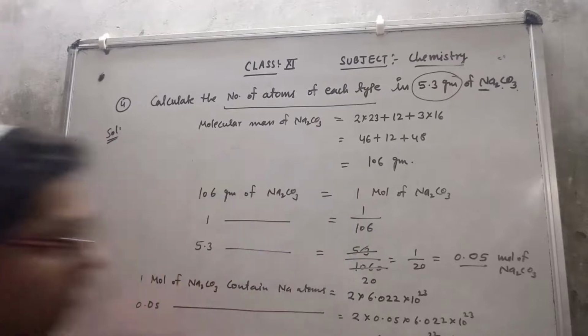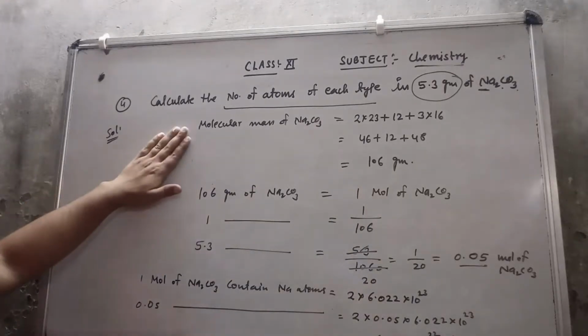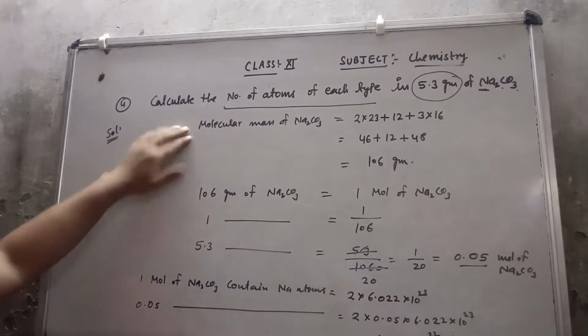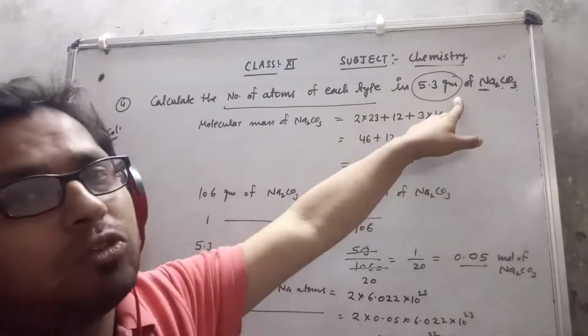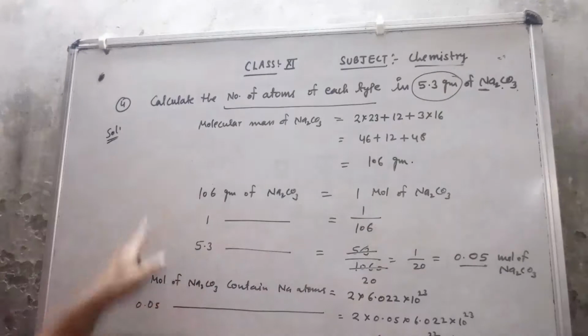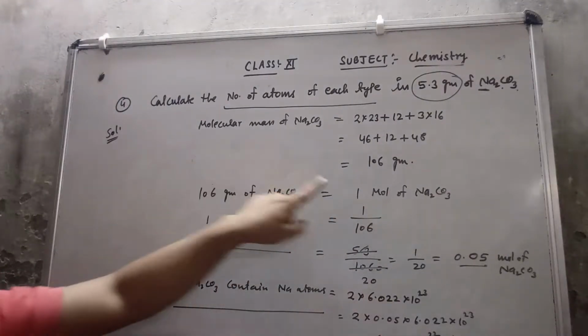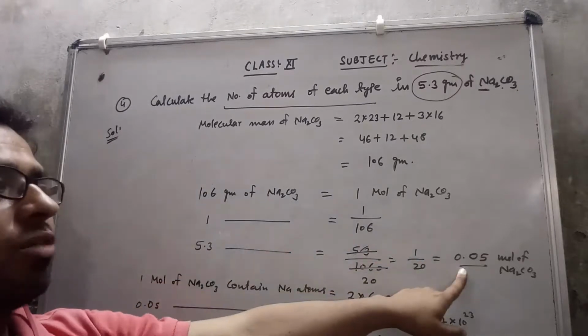So again I am discussing that we want to find the number of atoms of each type in 5.3 gram of sodium carbonate. First of all I want to find out how many moles are present in that much gram. I solved it using the molar mass. I know that the molar mass is equal to 1 mole, so whatever gram they give, I find the mole.